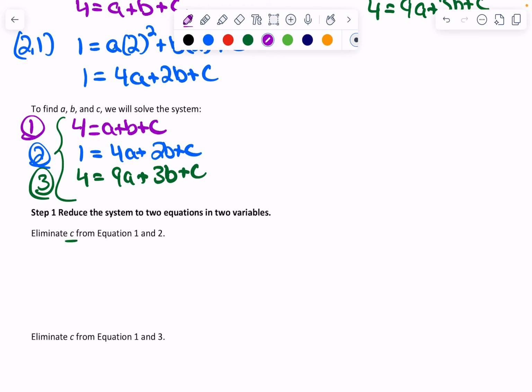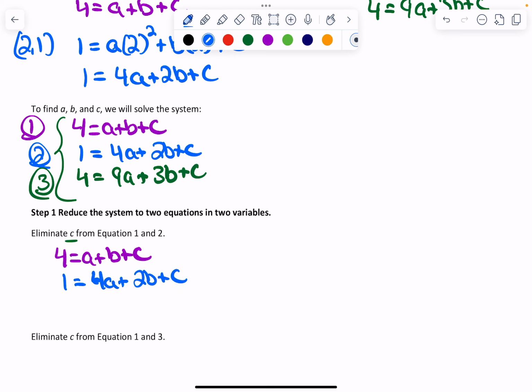So our equation 1 is 4 equals a plus b plus c, and our equation 2 is 1 equals 4a plus 2b plus c. We're going to keep the first one like it is. It really does not matter which one we are multiplying by -1.